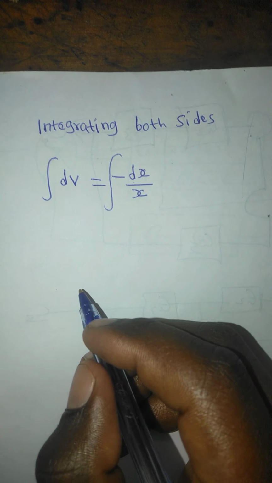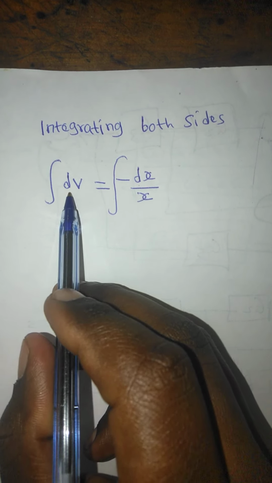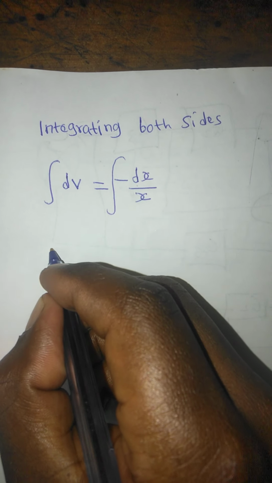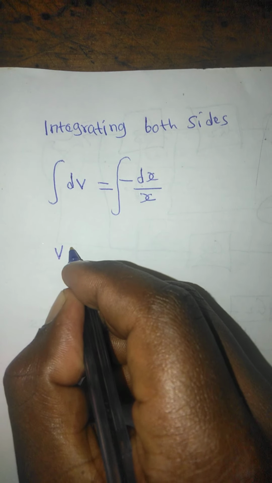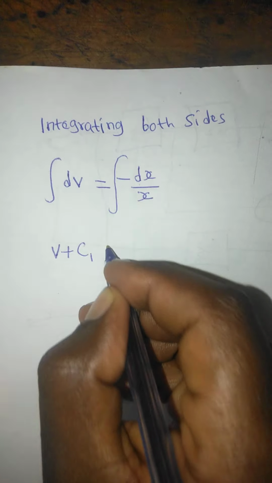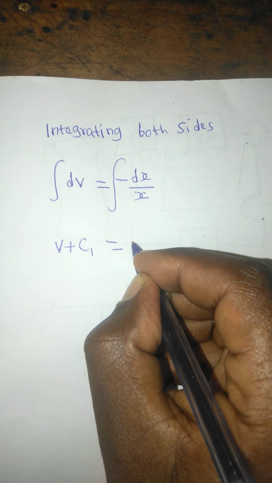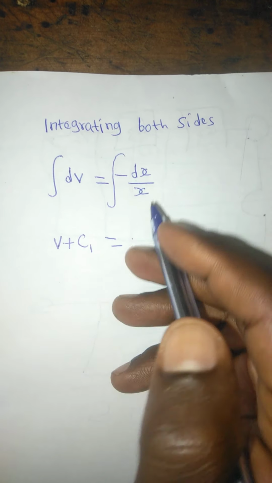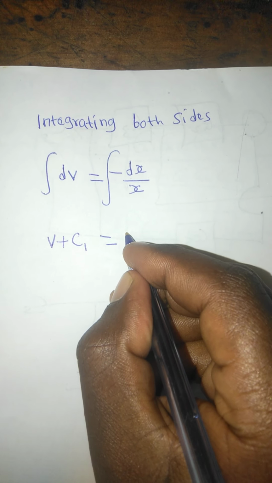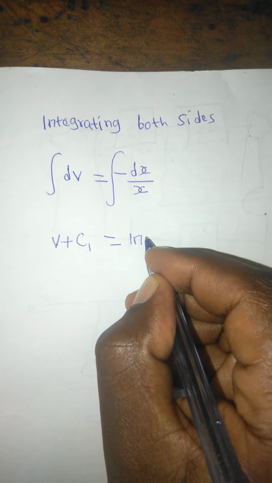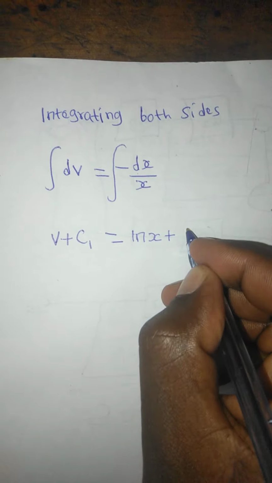This one is being integrated. When you integrate dv, it gives us v plus c1 being equal to, when we integrate this 1 over x, it is minus ln x plus c2.